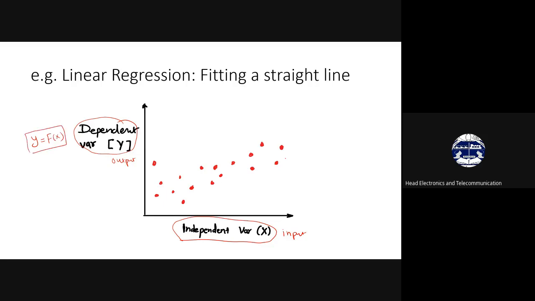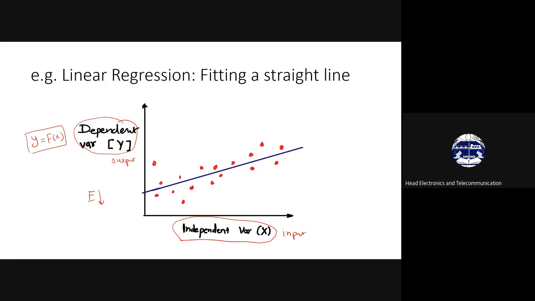Now suppose I have some training samples spread like this, and I want to fit a straight line. I want to approximate this relation between y and x given to me in this form using a straight line. So maybe this is the straight line which I can fit through this data such that error is minimum.